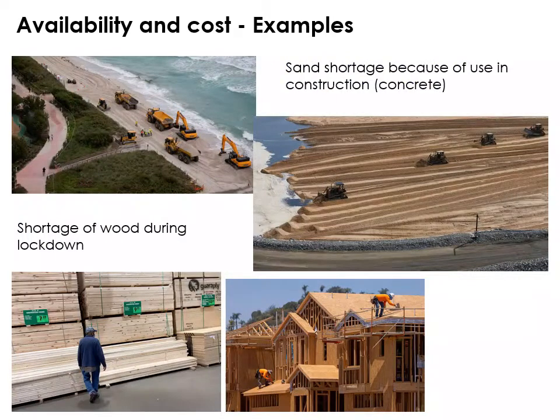Another good example, and this is a specific material, these are both materials really, is that across the world there is a huge shortage of sand, because sand is used in construction all over the world, specifically in concrete. The sand that's needed comes from riverbeds because the sand on the beach can't be used because of the salt, and also there's a certain type of sand that is suitable for concrete.